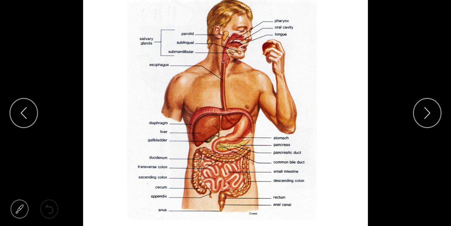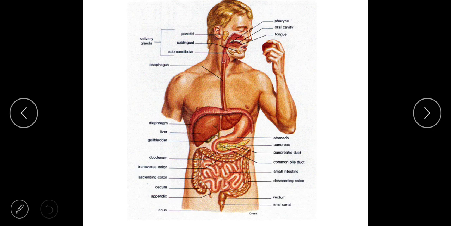The stomach is a sac where the digestive juices, or gastric juice, are released, and from here the stomach is connected to the small intestine. You can see the small intestine is a long coiled structure, measuring about 5.5 to 6 meters. So it remains coiled in our body.